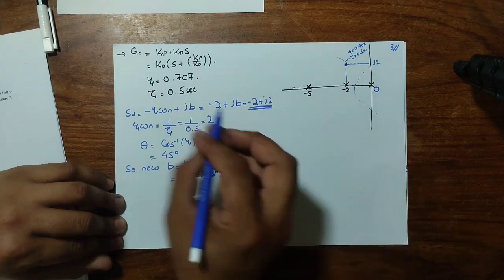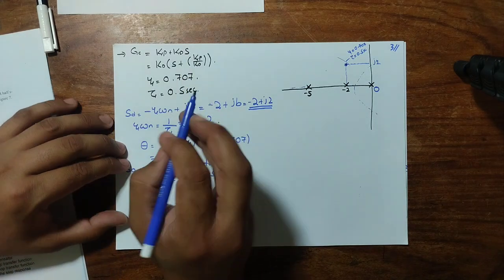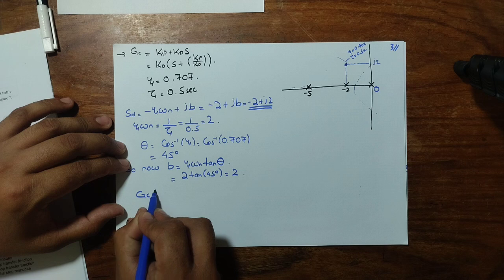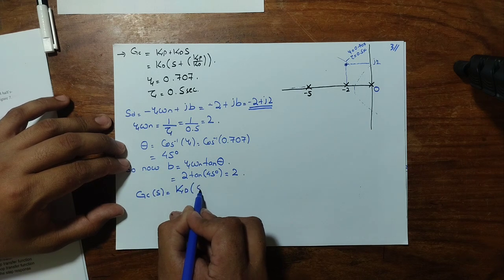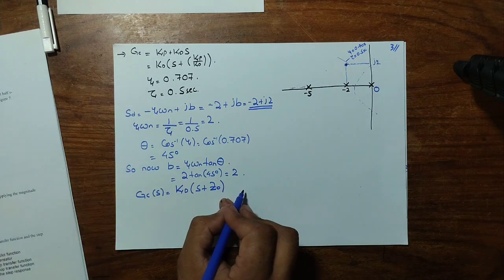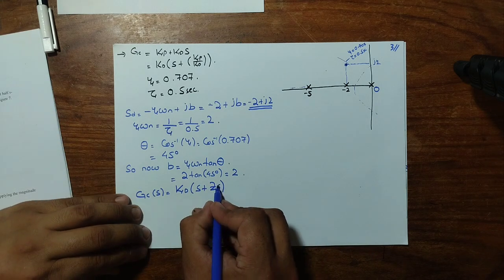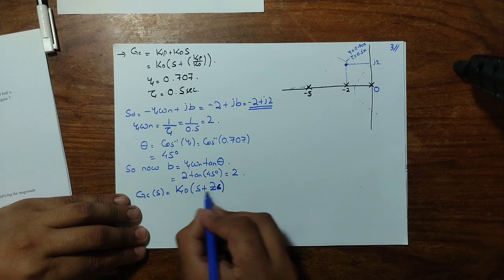So for this purpose, we will use the definition of a PD controller, which implies that we have to incorporate a GC of S, and this is nothing but KD into S plus, let's call it Z naught or ZC, whatever name you want to call it. Okay, ZC. So ZC is our desired zero. We can say that this is the zero of the controller.